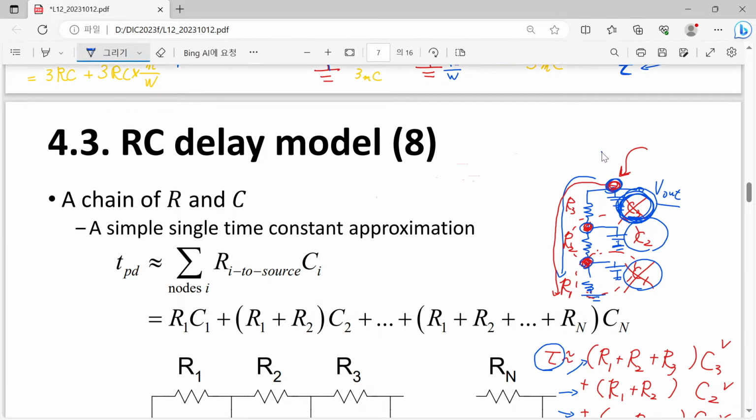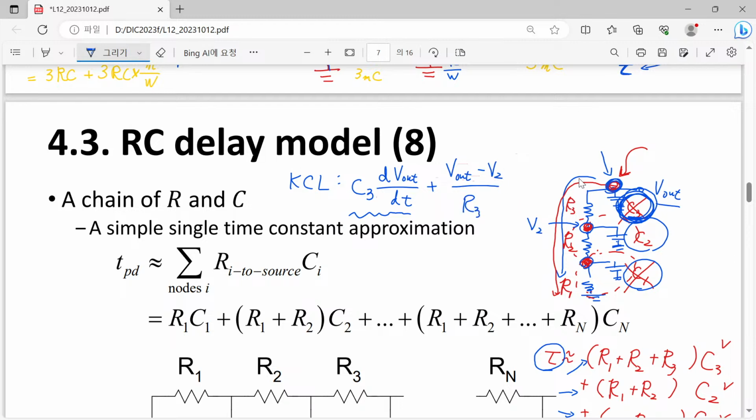For example, working on this node, KCL for our output node can be represented this way: the time derivative of our output voltage times C3, which is the capacitor current, plus V out minus V2, divided by R3.